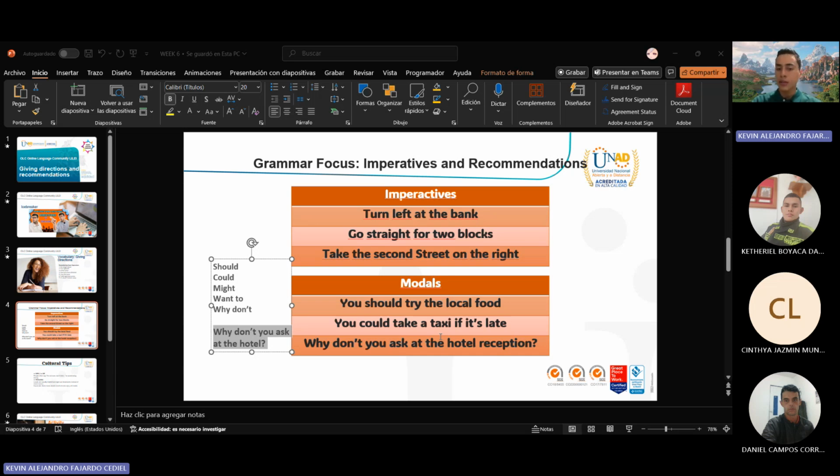For example, why don't you ask at the hotel? This is a question that sounds like a soft and friendly suggestion, and the sentence is more polite than commands. When you use modals, you are not sure what the person wants or if they feel comfortable in the situation, or if it's better to suggest instead of ordering.